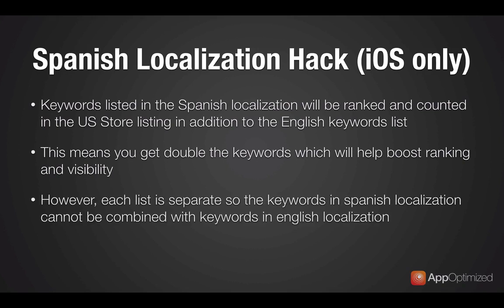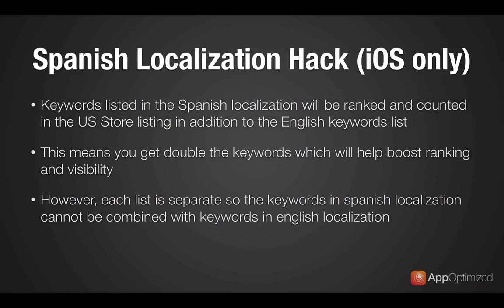However, just keep in mind that the Spanish keyword list and the English keyword list are separate. So the keywords in Spanish cannot be combined with the keywords in English. What that means is, let's say you have "clash of" in Spanish, but you have the keyword "clans" in English, and someone searches for "clash of clans."